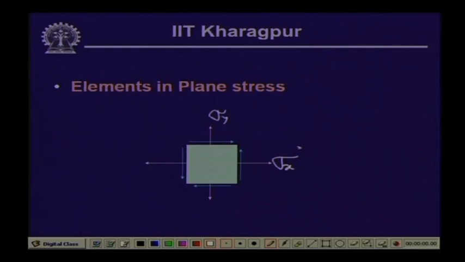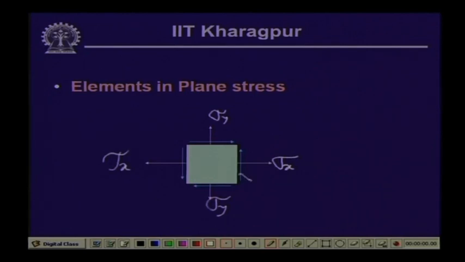So, we are concentrating on the x y plane, and this is also sigma y, this is sigma x, and this being the x plane, the stress is acting in the y direction.